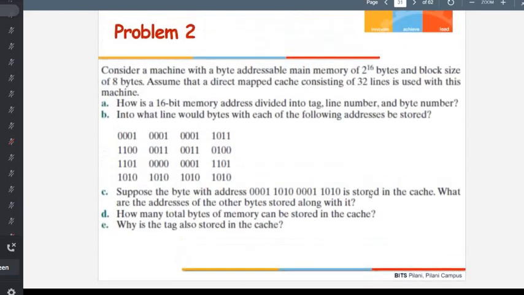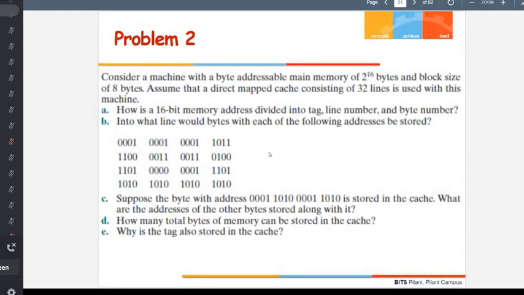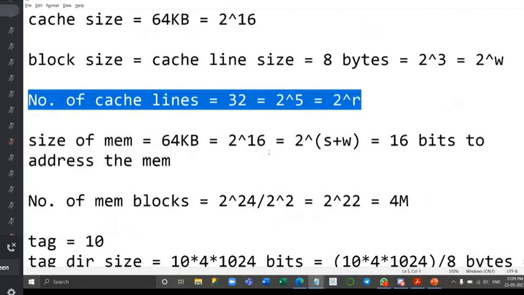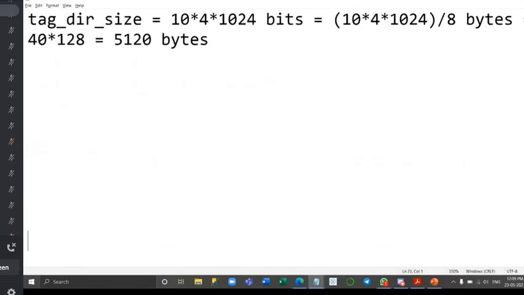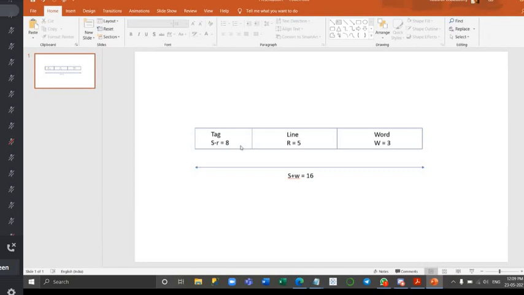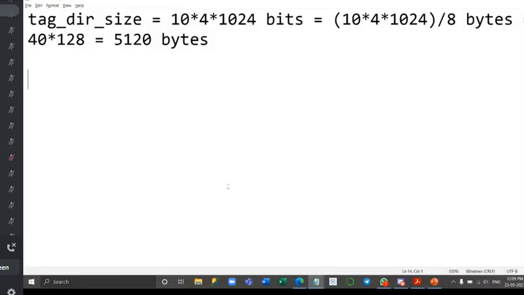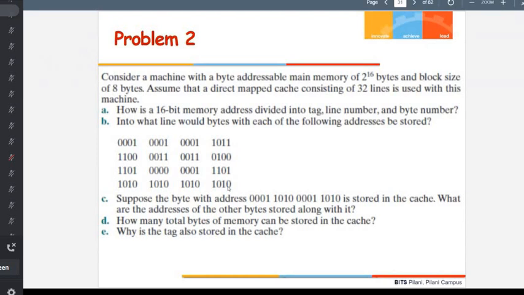Now they want us to check in which lines the bytes with the following addresses would be stored. Even I was not clear on this part previously, but yesterday when he showed it, it became clear. Since we are using the same machine, we need to follow this 8, 5, 3 rule while checking the addresses.